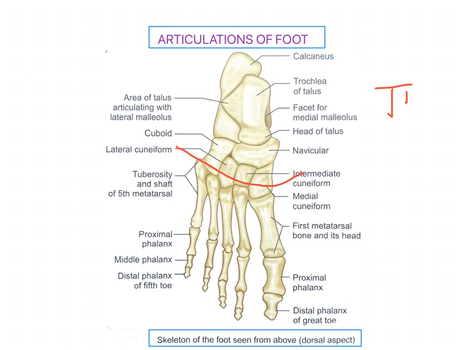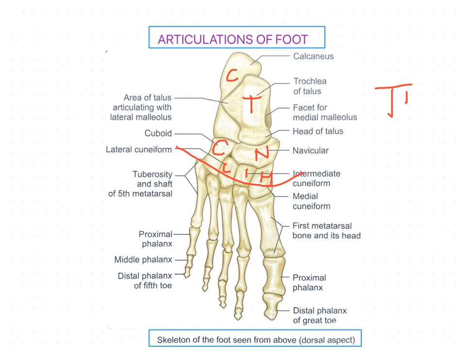Now we will see how these bones are arranged. The 7 bones are the talus, then the calcaneum, navicular, cuboid, and from medial to lateral, 3 cuneiforms: the medial cuneiform, intermediate, and lateral cuneiform.